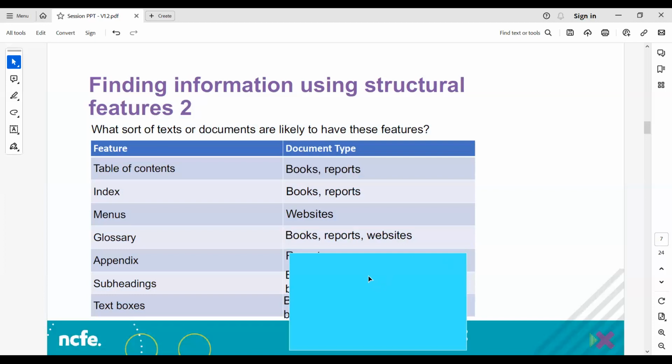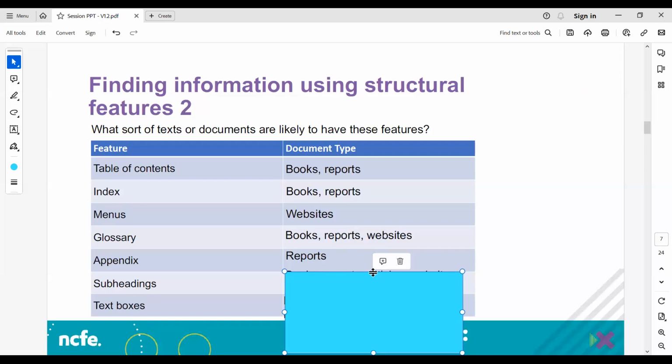In a book. Books as well. Any other types of text that might have an appendix? Reports. Some reports do. Yeah. So, reports. You might find them in a book.